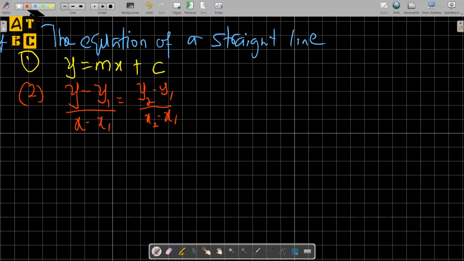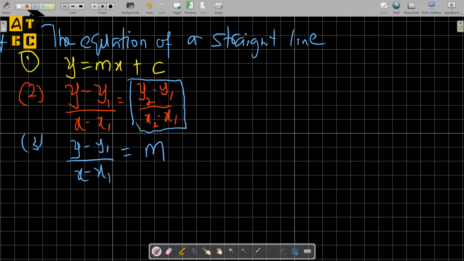And finally, the third one says (y minus y1) over (x minus x1) equals the gradient, and that is only because we have considered this to be the gradient of a straight line.